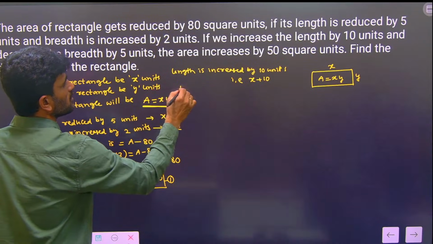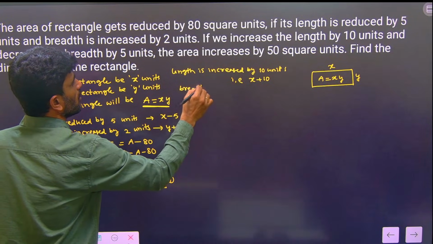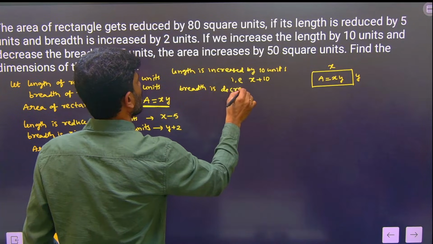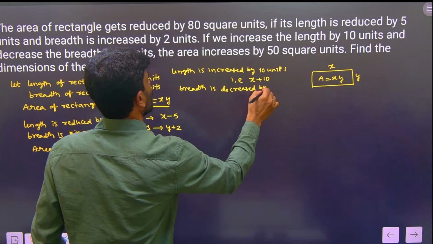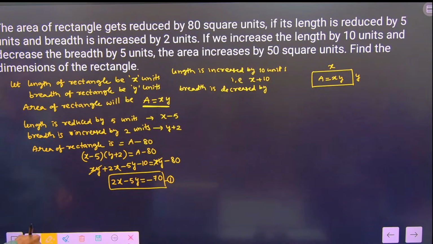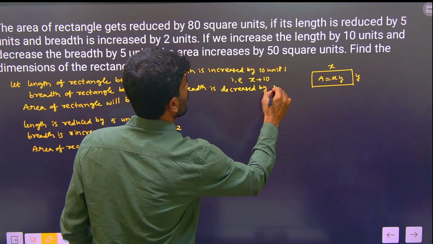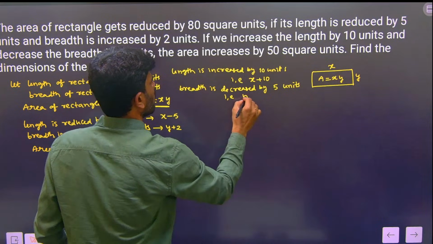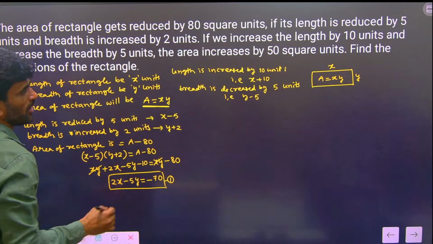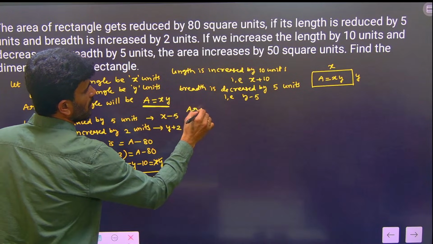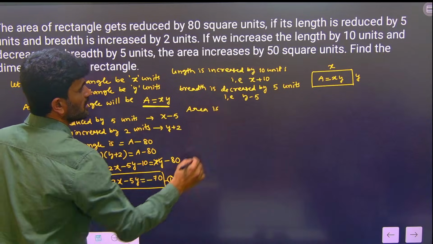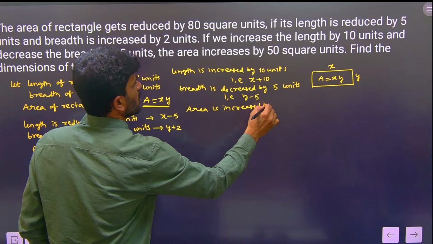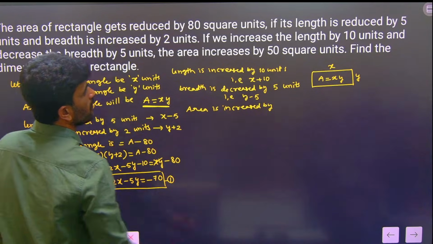Next, breadth is decreased by 5 units, so that is y minus 5. And what happened to the area? Area is increased by 50 units.